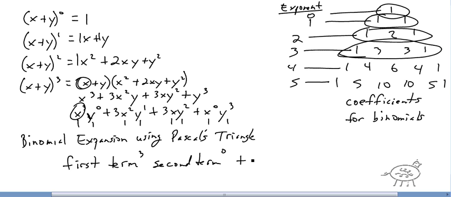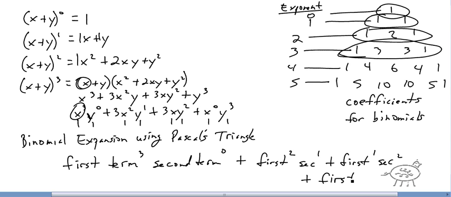And then it's the first term to the second power, and the second term to the first power, and then the first to the first power, and second to the second power, and last it's first to the 0 power, and second to the third power.